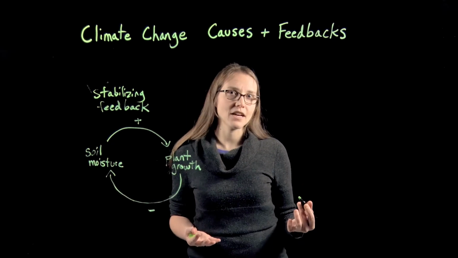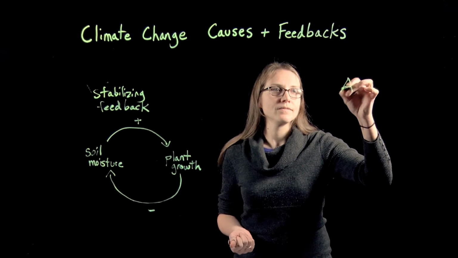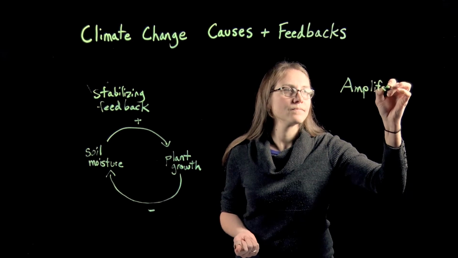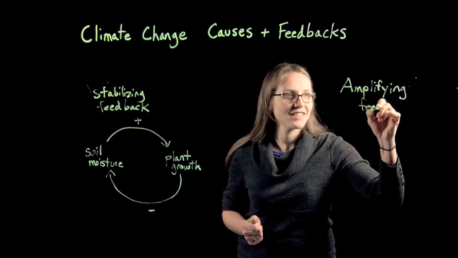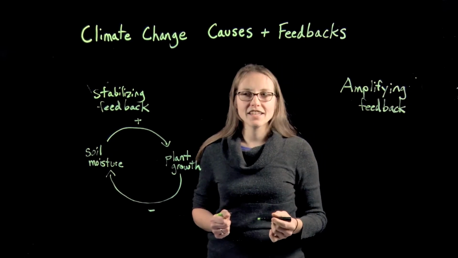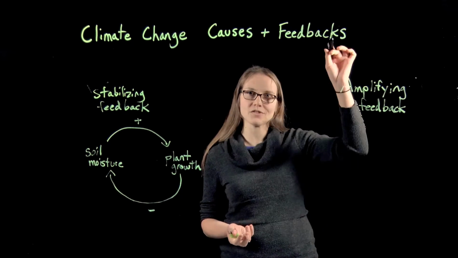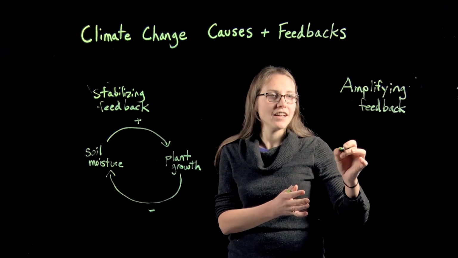Another type of feedback would be an amplifying feedback. And this is one really important for understanding that exponential curve at the end of the graph that we just saw.